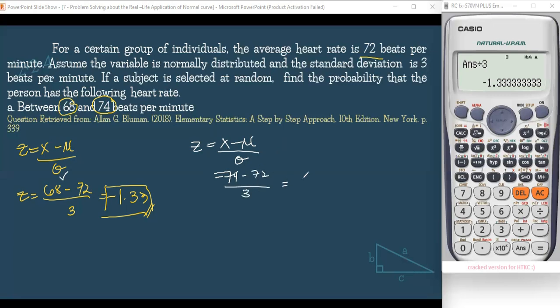So that is 2 over 3, equivalent to 0.66 approximately, or 0.67 rounding up. So to be sure, 74 minus 72 divided by 3, that is 0.67. So these are our z's.